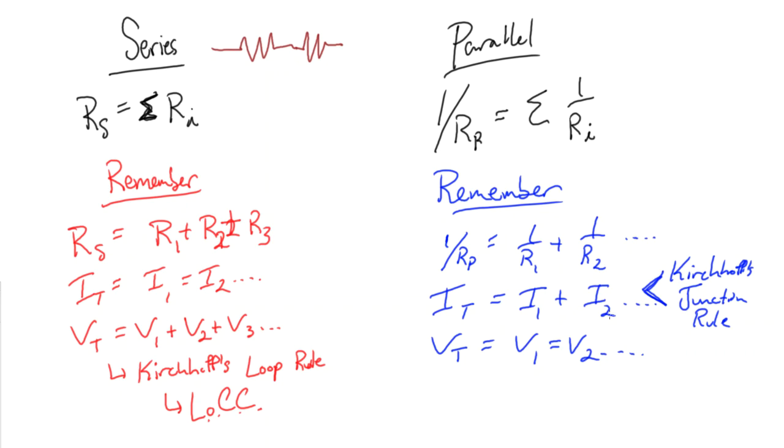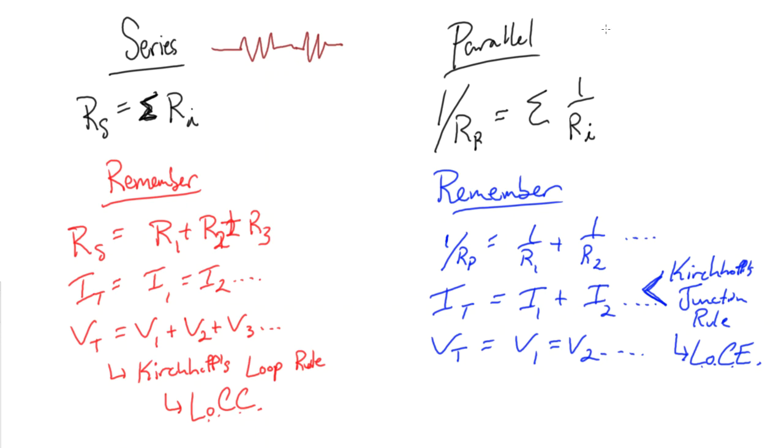And this follows the law of conservation of energy. So notice that Kirchhoff's junction rule and Kirchhoff's loop rule follow two different laws that we've talked about. And so you can kind of tuck those in your back pocket. Usually they pop up on that FRQ as just nice little one points to add on your FRQ.